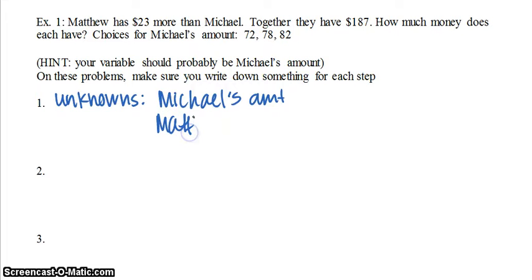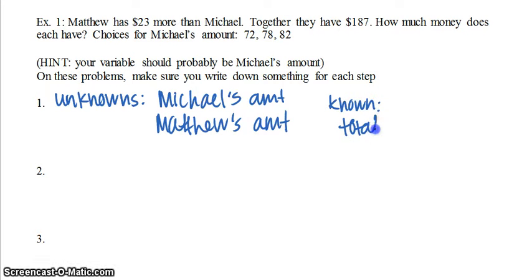Those are our unknowns. What we know, our knowns: we know that the total, together, they have 187. So that's our unknowns and known.